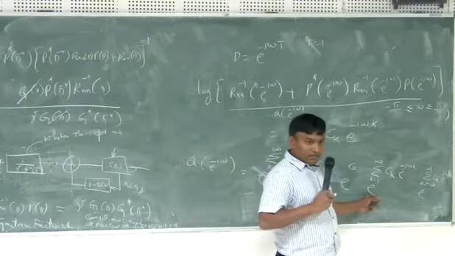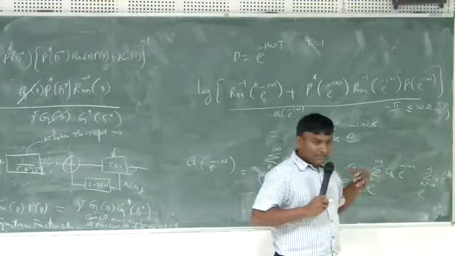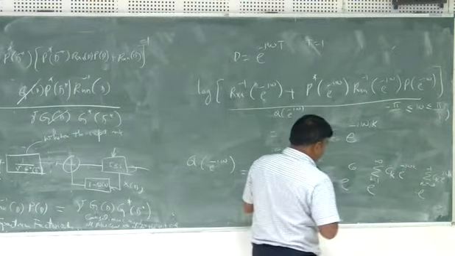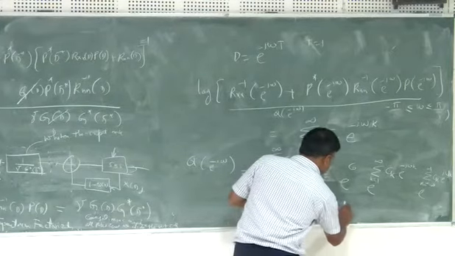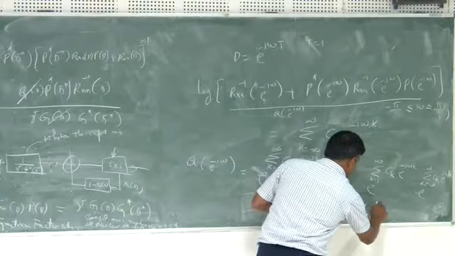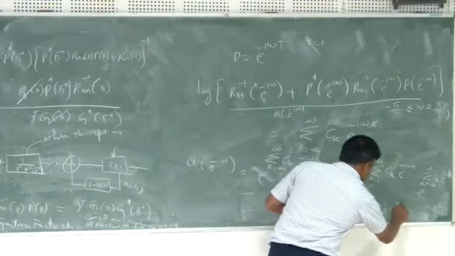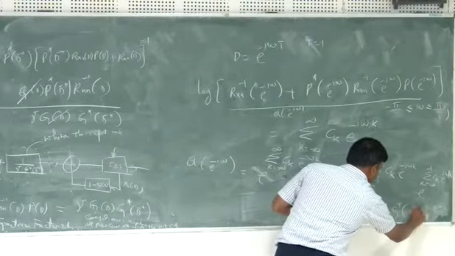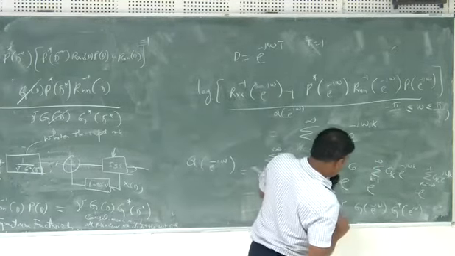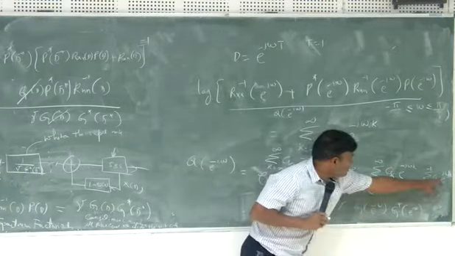You can expand e raised to something as an infinite series. This is gamma. This is g of e to the power of minus j omega. And this is g star e to the power of, well, I'll just put plus j omega. I'm not quite sure what the convention is, but it involves plus j omega.